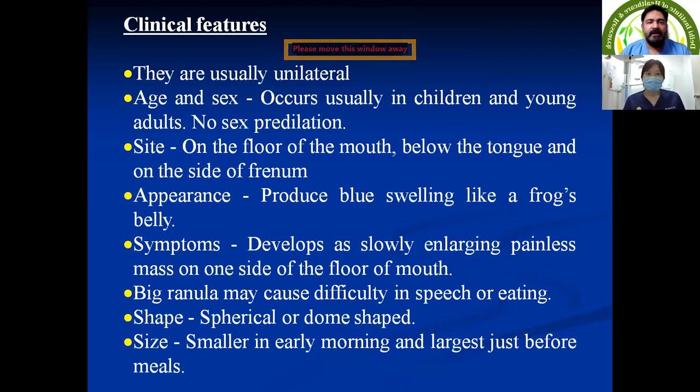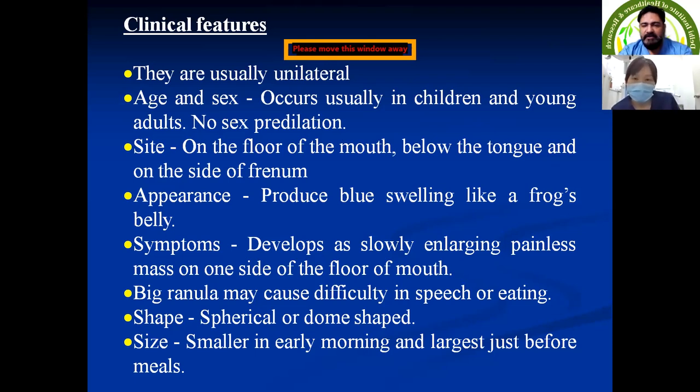Clinical feature: they are usually unilateral. Age and sex: it occurs usually in children and young adults, with no sex predilection. Mostly on the floor of mouth, below the tongue and on the side of the frenum. The appearance is a blue swelling like a frog's belly.